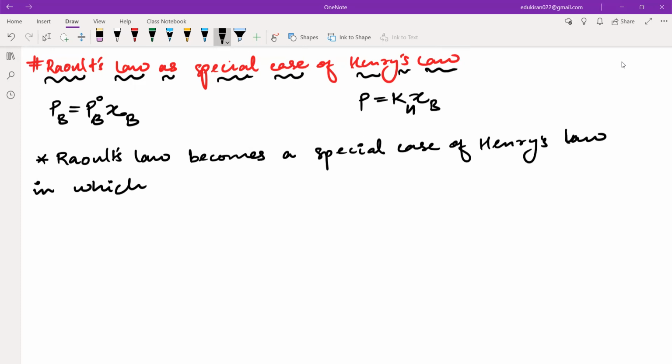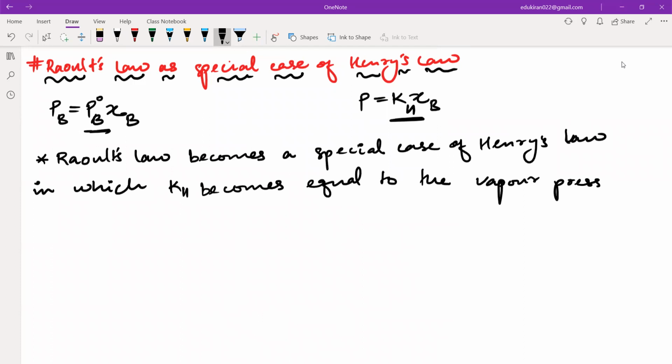The Kh is changing to what? Kh is becoming equal to P naught B, right? In which, please write with me, Kh becomes equal to the vapor pressure of pure component. The vapor pressure of pure component. Okay.